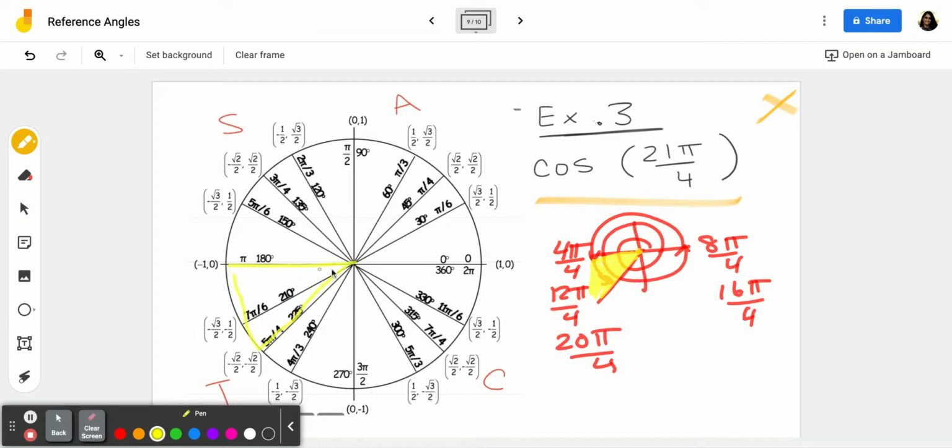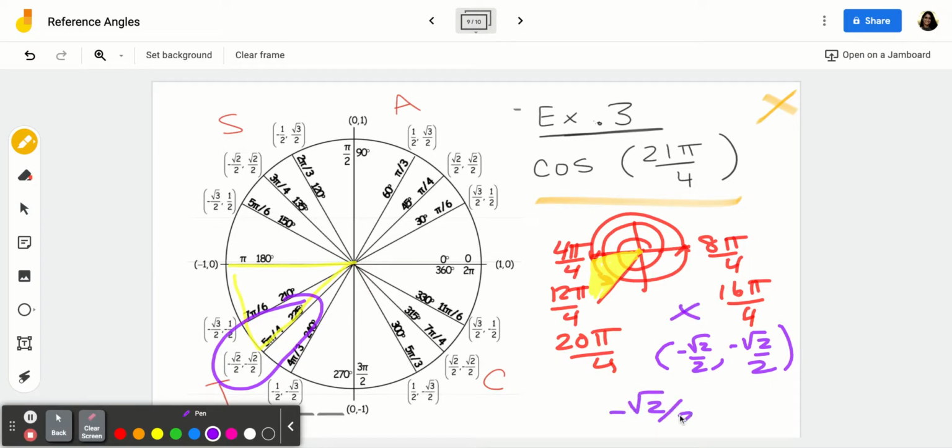This is what I'm looking at, this 45-degree space, which means I'm looking at this info right here. This circled purple info. And what coordinates are those? Negative square root of 2 over 2, comma negative square root of 2 over 2. And which one is cosine? Cosine is x. So what is my answer to this question? Negative square root of 2 over 2.